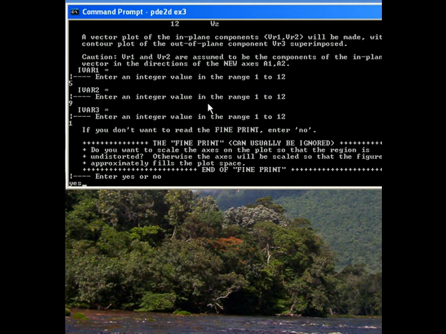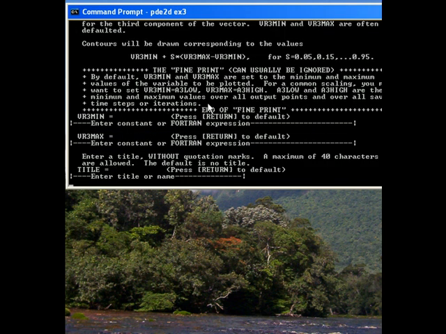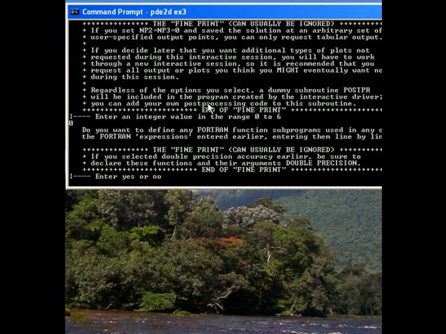I want the undistorted region again. And I'm done.